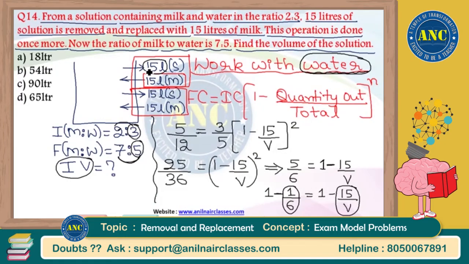Again I am saying, sir, whenever final ratio and initial ratio are given in the question, instead of applying method 1 which we solved in the last 2 classes, try to apply this notation: final concentration is equal to initial concentration into (1 minus solution taken out divided by total solution) whole power n.